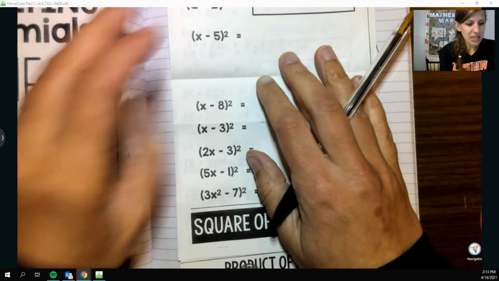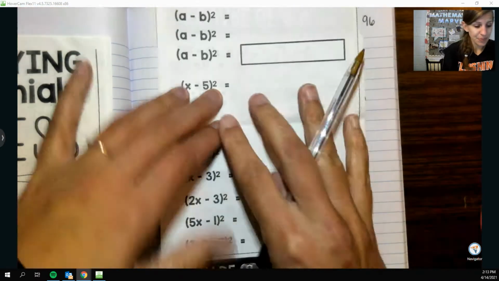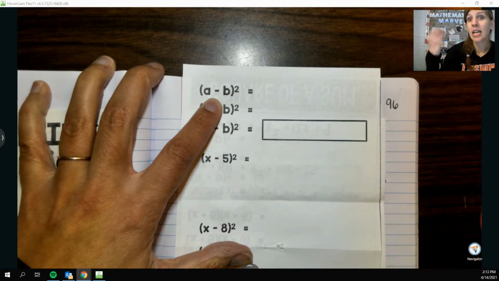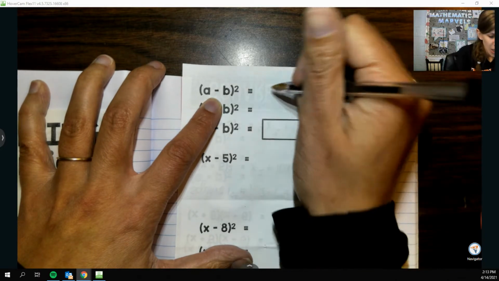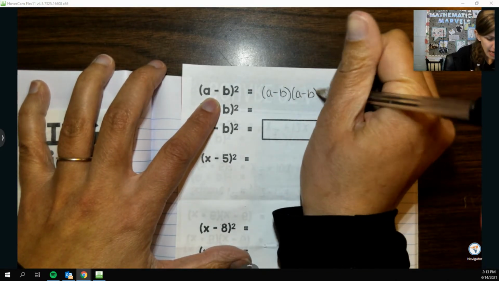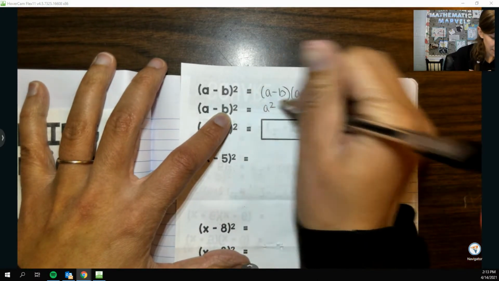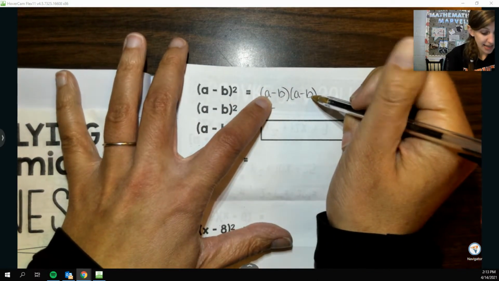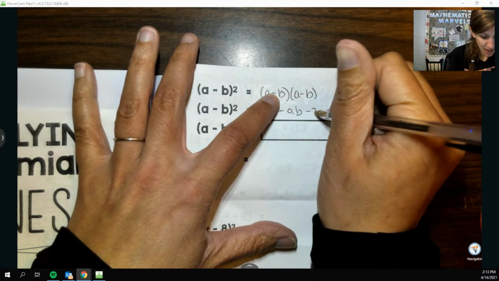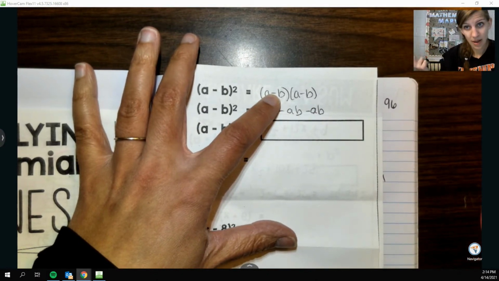So if we look at this next one here, the square of a difference. Again, if I have two numbers being subtracted and squared, we want to think about writing that twice and then distributing twice. So a times a is a squared. Then I get negative ab, and then another negative ab. Ooh, so that's why I have two of them.